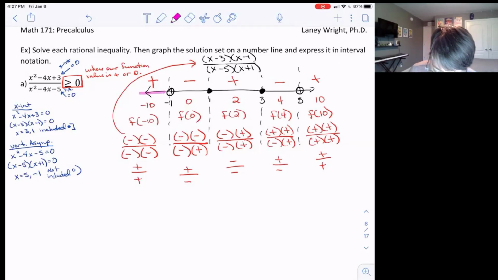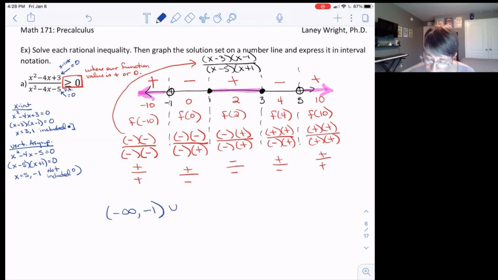Well, it's positive to the left of -1. It's positive between 1 and 3, but 1 and 3 gives us 0, so those are included. And it's positive to the right of 5. Our solution will have 3 intervals. The first left positive interval starts left to right from -infinity, and it stops at -1, but -1 is not included.